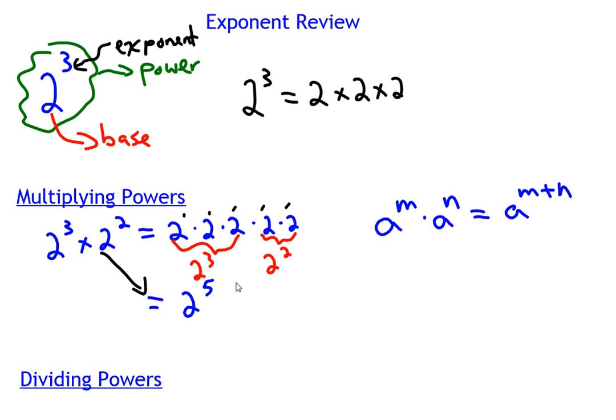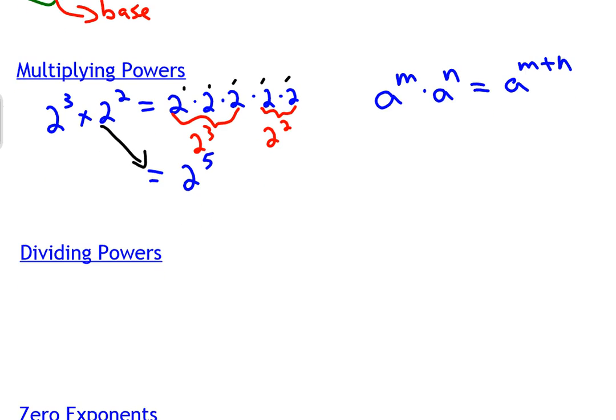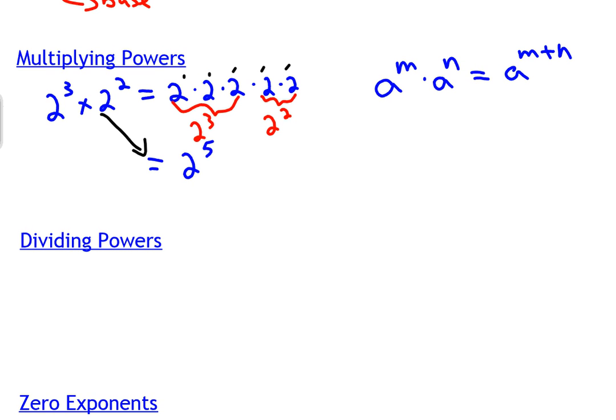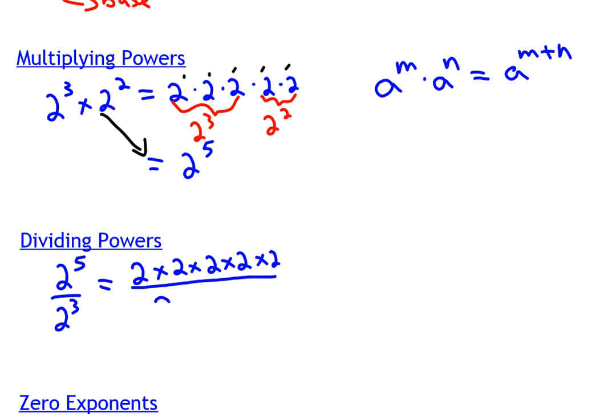All right, let's have a look now at dividing powers. Same idea. If we're going to divide powers, let's say we do 2 to the 5 divided by 2 cubed. Well, 2 to the 5 looks like 2 multiplied by itself 5 times. 2 cubed is 2 multiplied by itself 3 times.